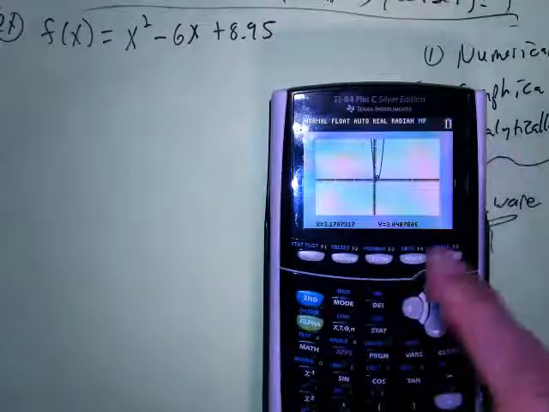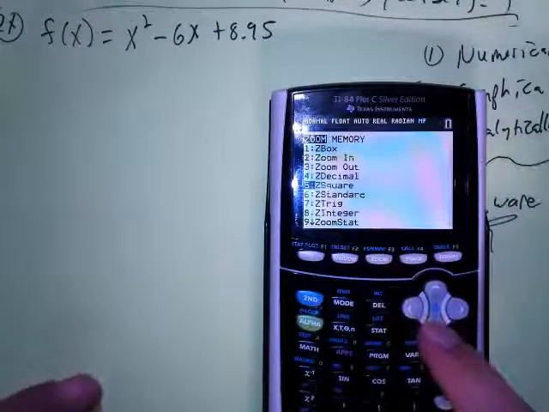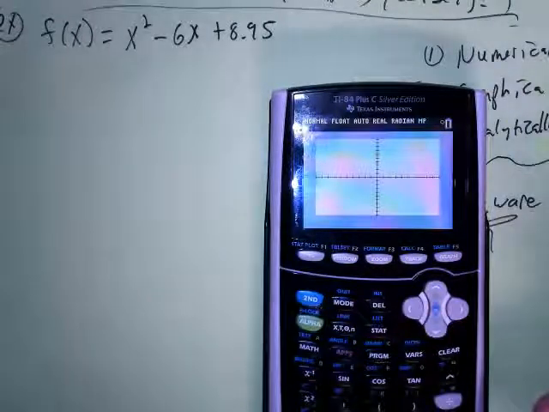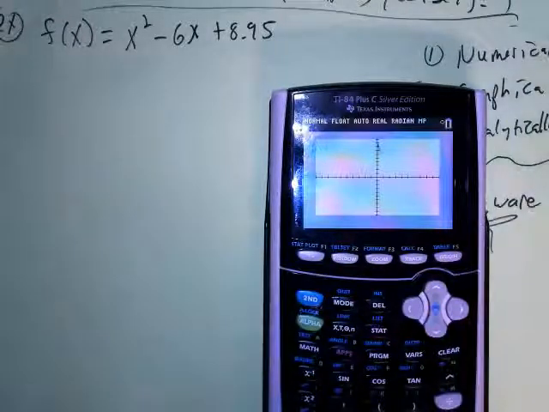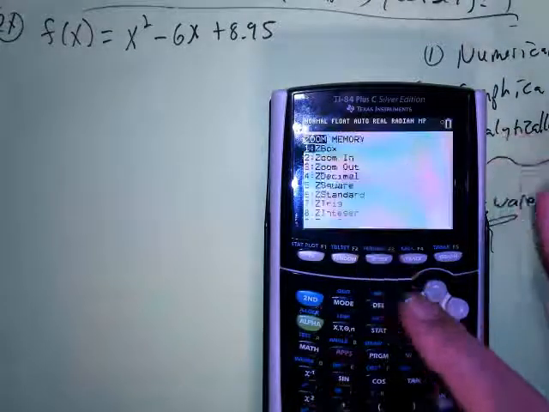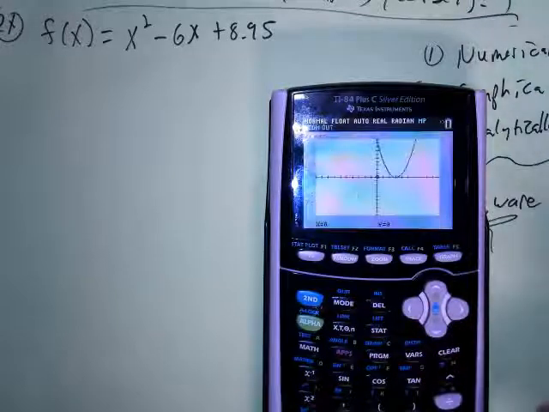And you could always do... When I do it, I don't move that. So let me go to standard. And then if I'm going to zoom out, this will zoom out for me.